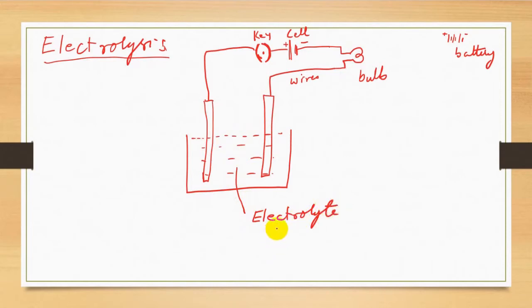Clear? This electrolyte has to be a liquid only. It cannot be solid. So it has to be liquid. And generally what happens is, if I have a solid, I can take it in molten state, or you can also take it in aqueous solution.